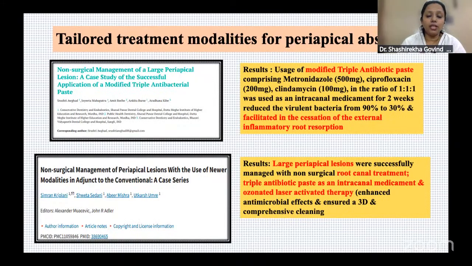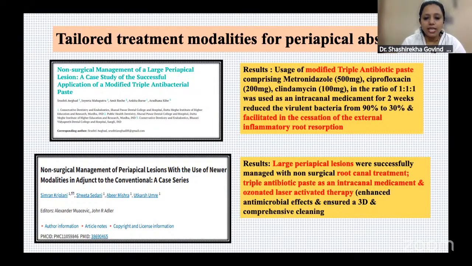This is not in the first stage, but in multiple stages, in subsequent appointments, if you give the intracanal medicament with triple antibiotic paste containing metronidazole, ciprofloxacin, and clindamycin in a 1:1 ratio, there is definitely a reduction in the bacteria and the success rate will increase.